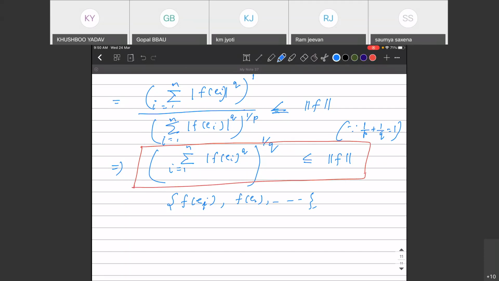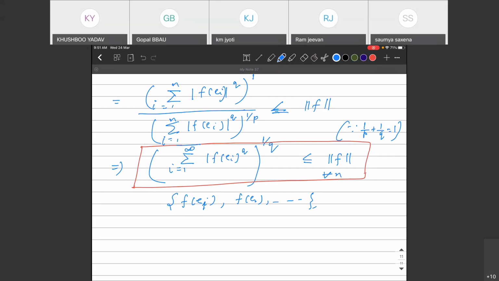This is true for any n. This means you can let the limit n go to infinity, and you may replace this n by infinity. So you are getting this.